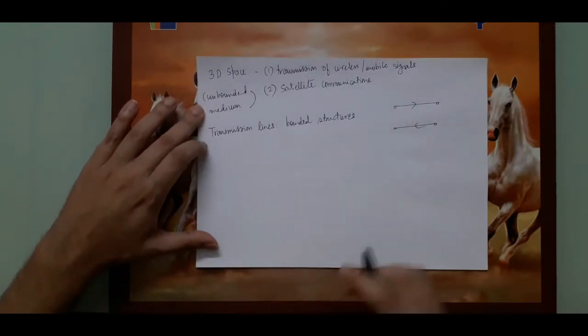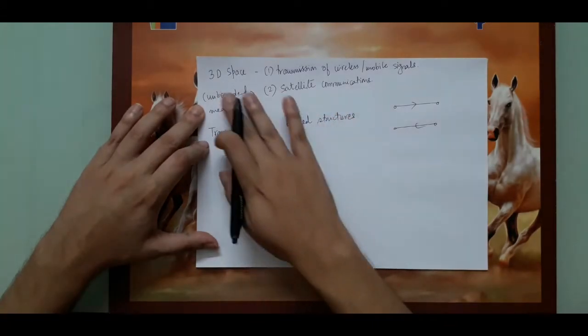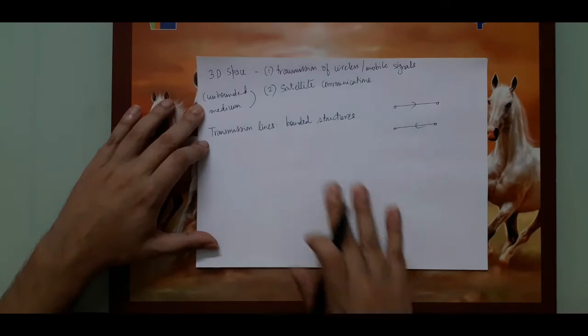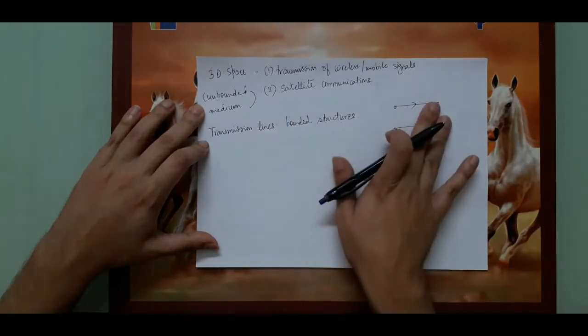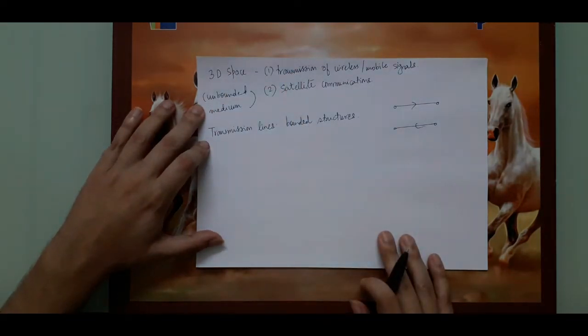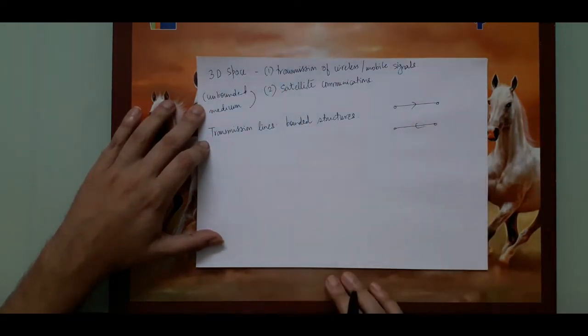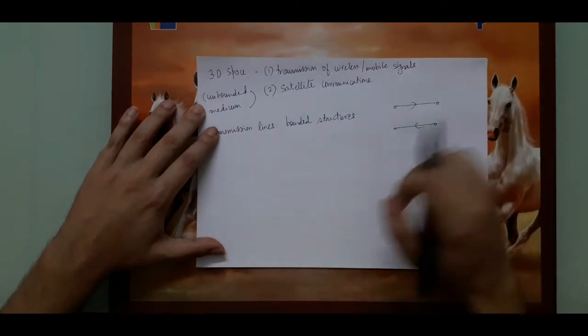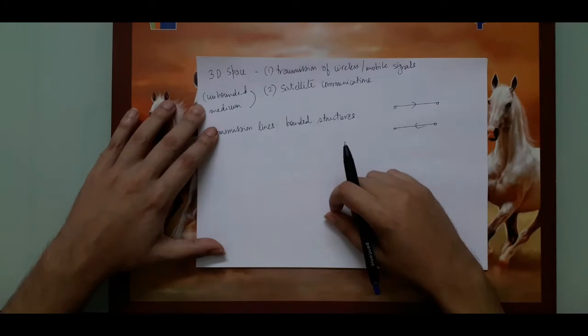Now, the first difference we saw was bounded versus unbounded. The second difference between a wave in a transmission line versus a wave in 3D space, the immediate and most obvious difference, is that in transmission line we have the concept of voltage and current.